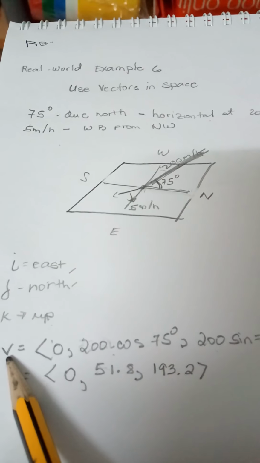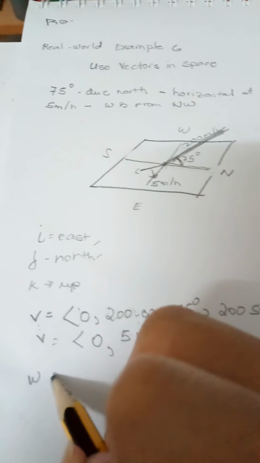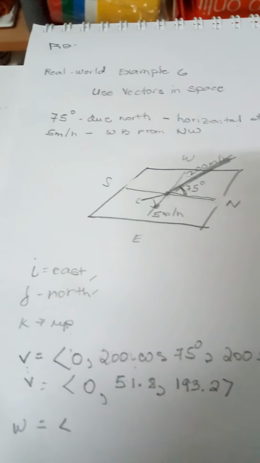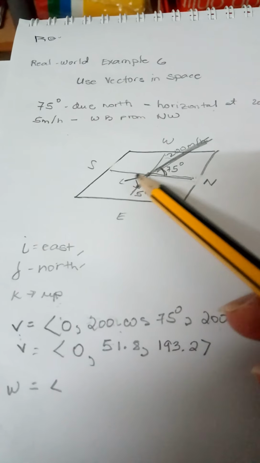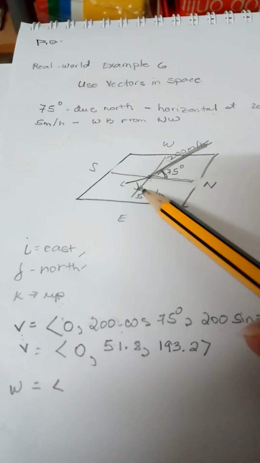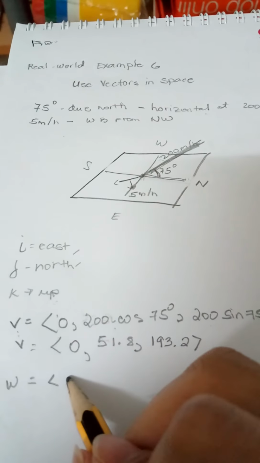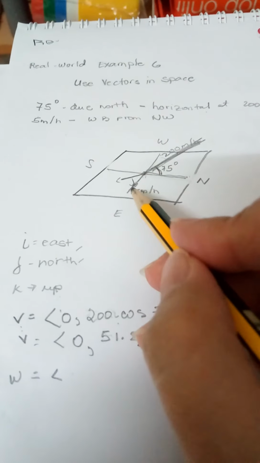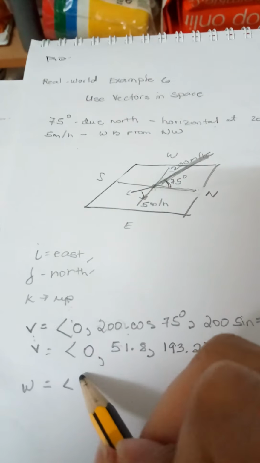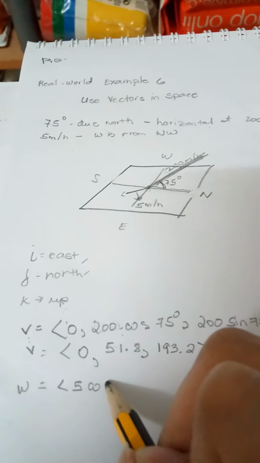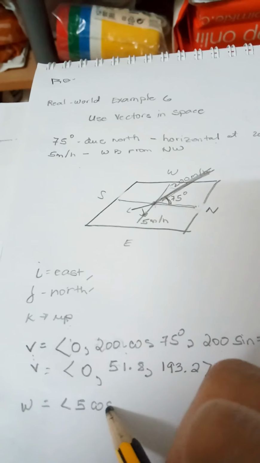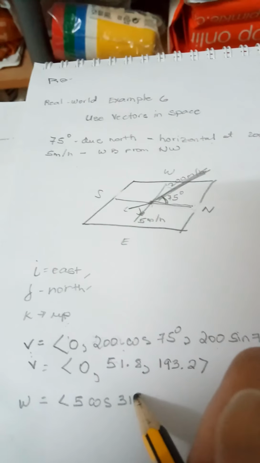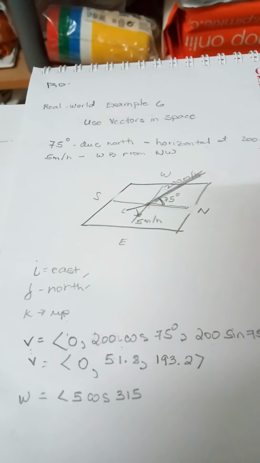Now, let us represent the wind as W. Do you have east? Yes, we have east here. So this will become 5 miles per hour, 5 cosine. What is the angle? The angle is 315. How do you identify the angle?